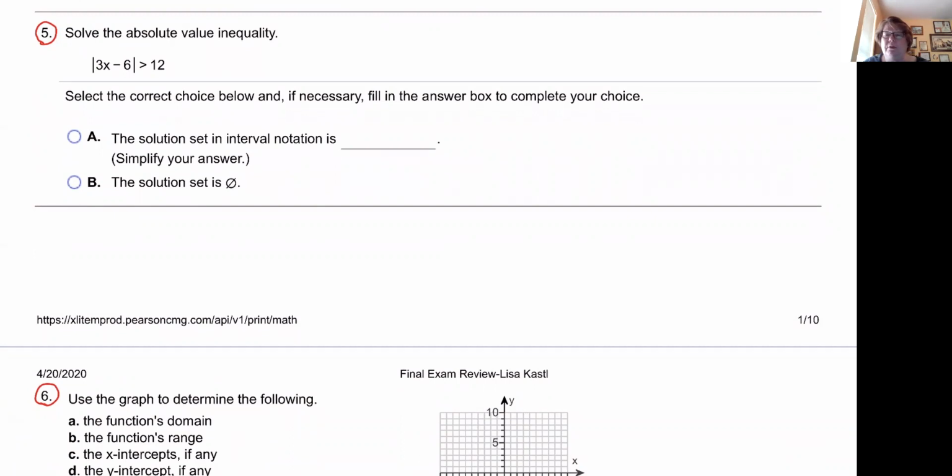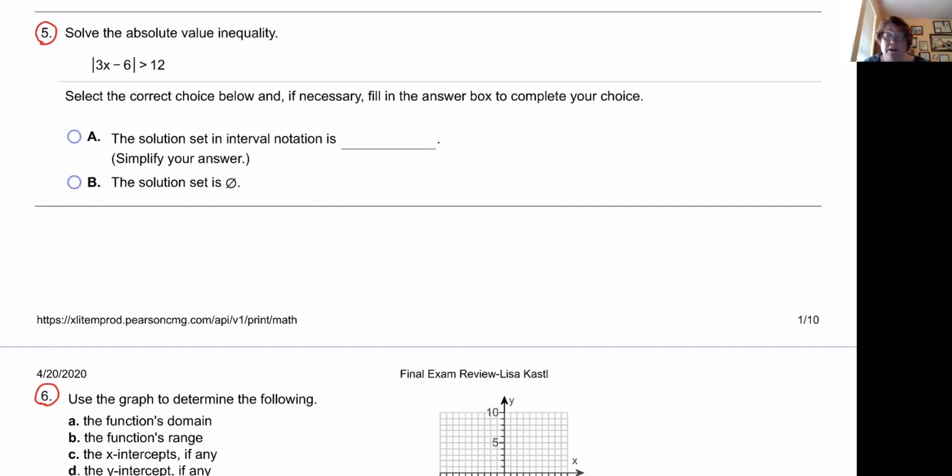And you learned that if you have a greater than type absolute value inequality, this means that the stuff inside the absolute value either has to be less than -12 for this inequality to be true, or the stuff inside the absolute value has to be greater than +12 for this inequality to be true.